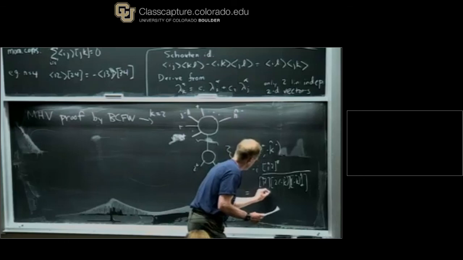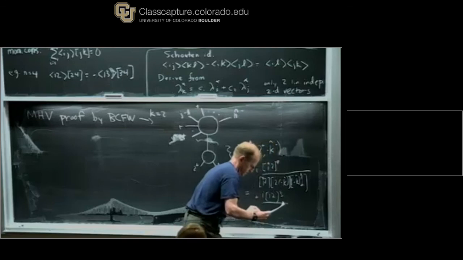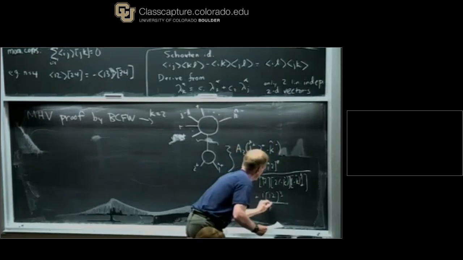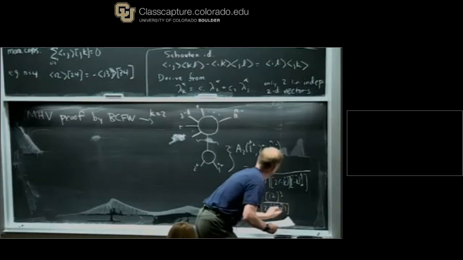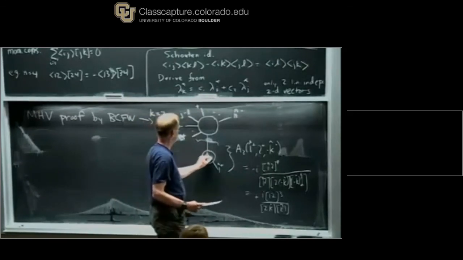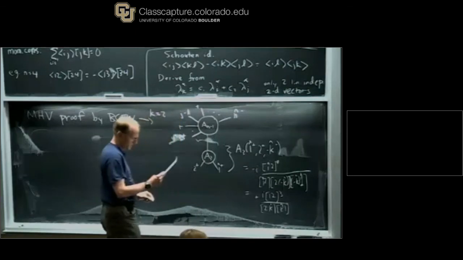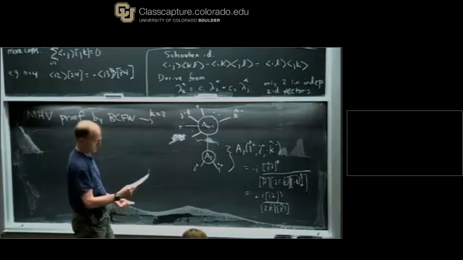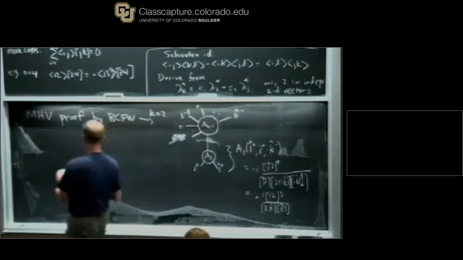And maybe I get something like [1 2] cubed over [2 k hat] [k hat 1], the intermediate momentum. So that's what I'm going to plug in for this A3 down below. And then there's an A(n minus 1) up above, where I'm going to plug in the Parke-Taylor formula for the n minus 1 point case.